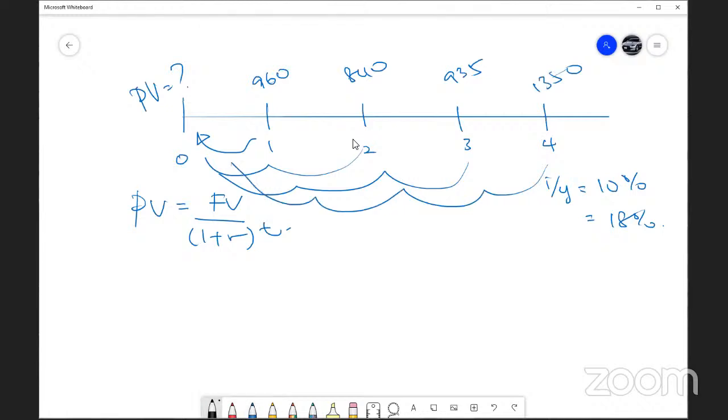Okay, so let's count together. So take the 10% one, PV at 10%.